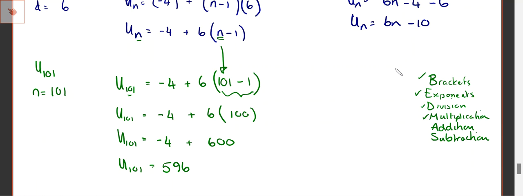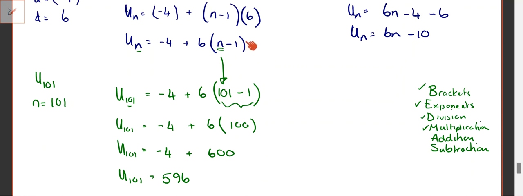So just remind me what finding U101 is doing? Good. So the 101st term in the sequence is 596. Right, so we've done it using the formula method that I gave you yesterday.